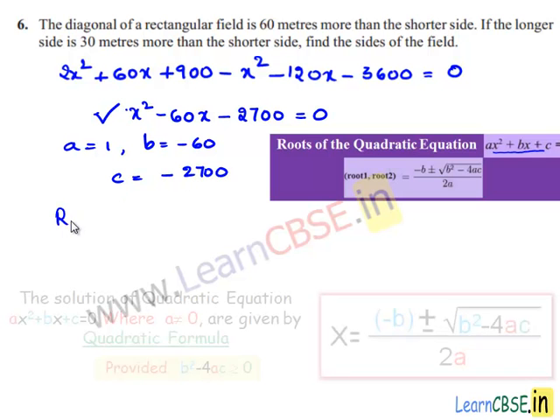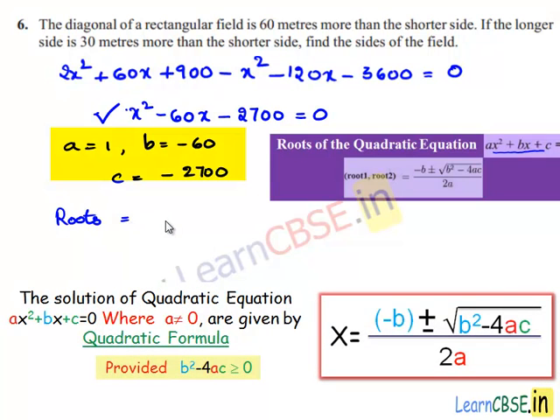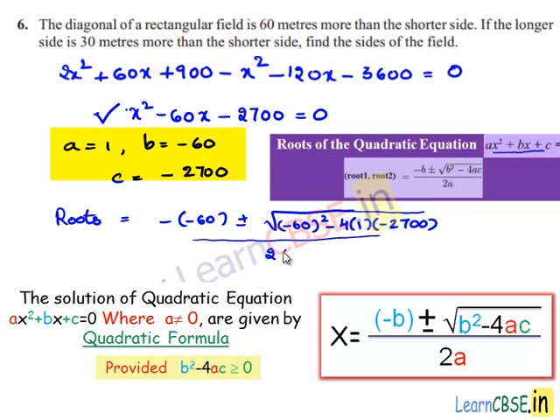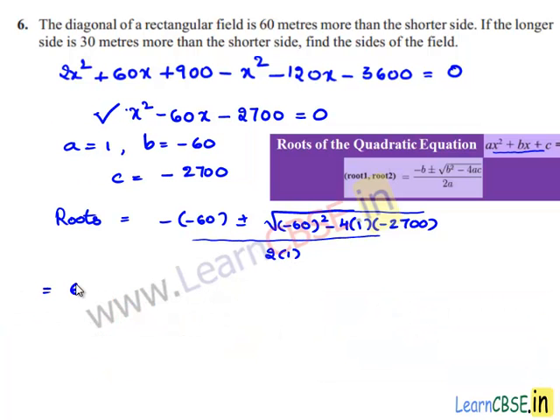So roots are minus b, which is minus of minus 60, plus or minus square root of b square, which is minus 60 whole square, minus 4 times a, which is 1, and c, which is minus 2700, divided by 2a, which is 2 times 1. This is equal to 60 plus or minus root of 3600 plus 10800 divided by 2.